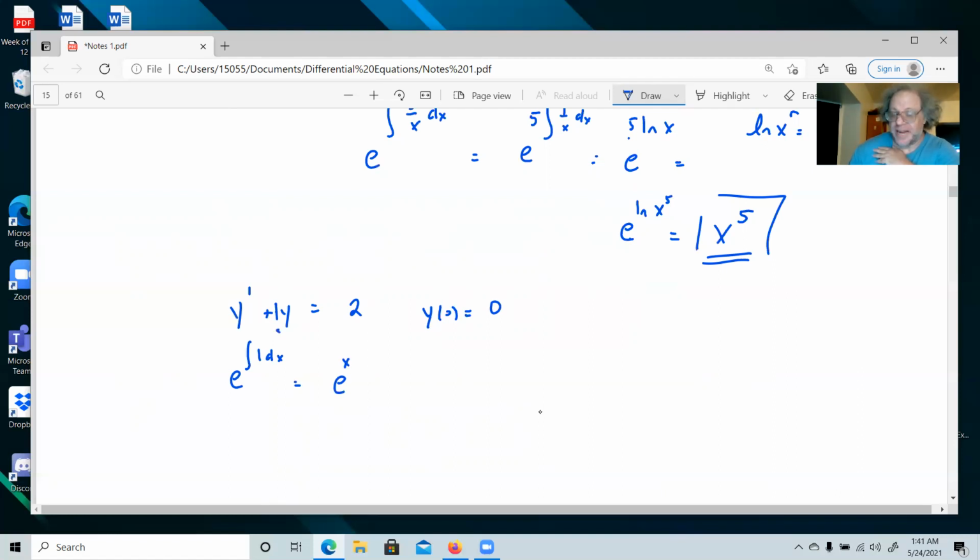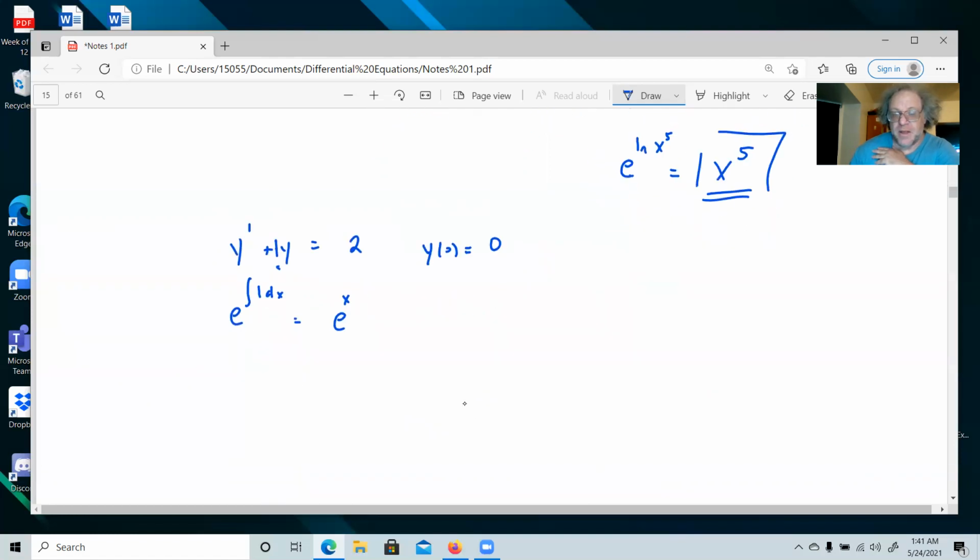And I'm going to multiply by e to the x on both sides and see what we got. So this is e to the x times y prime plus e to the x times y, that's a plus, is equal to 2 e to the x. Typically, in the book I learned this out of, my integration factor was just called rho, so that's what we abbreviate it as.